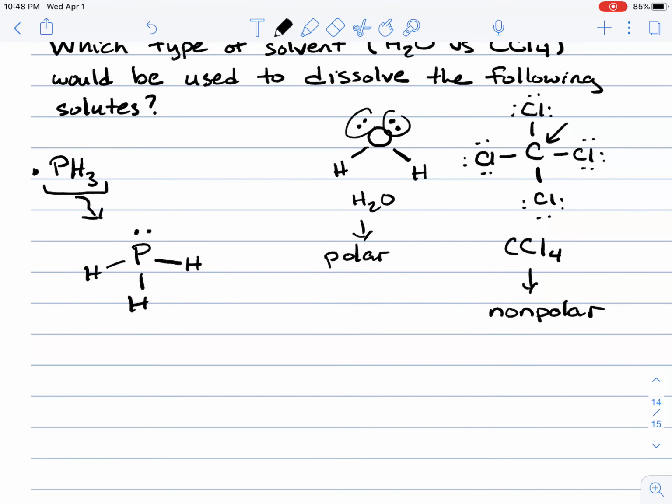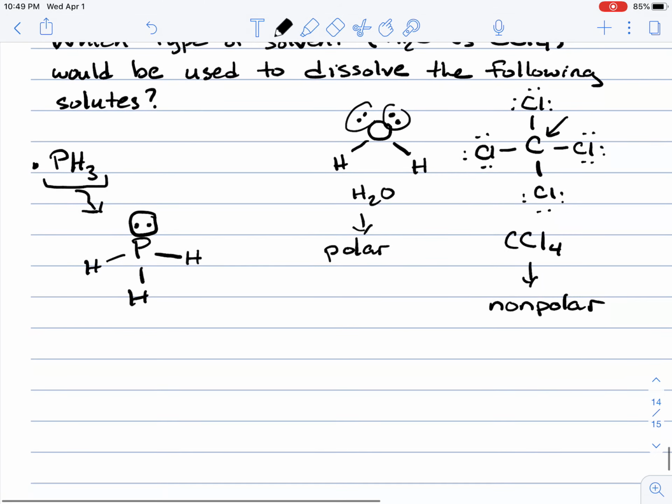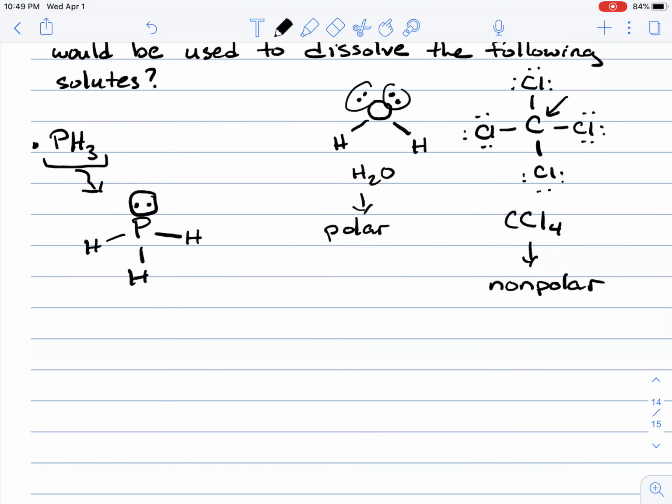And so if this is the Lewis structure of PH3, notice that there is a lone pair on the central atom, which is phosphorus in this case. And if that central atom does have a lone pair, it automatically makes this molecule polar.